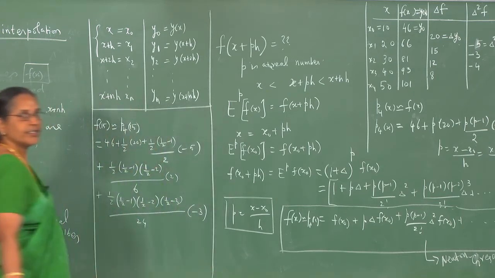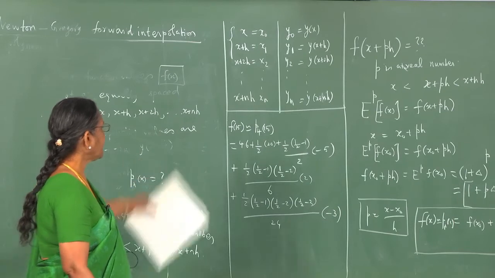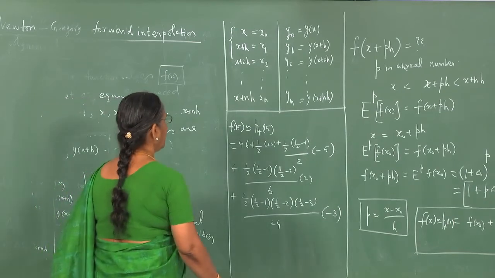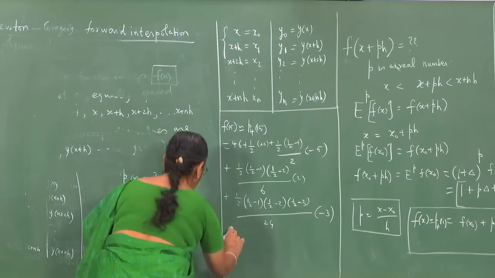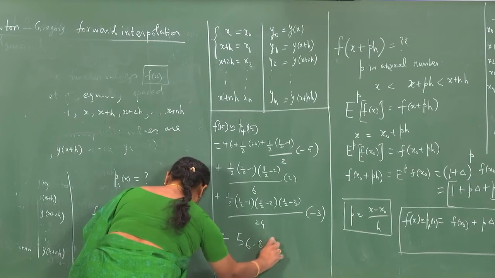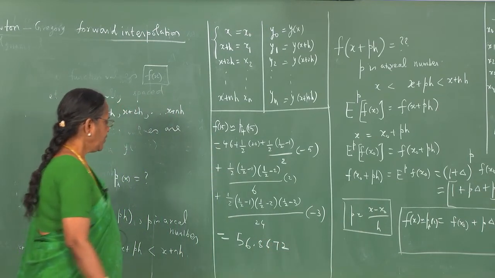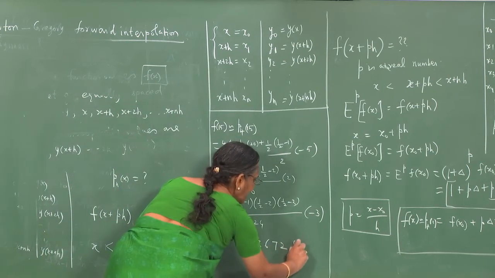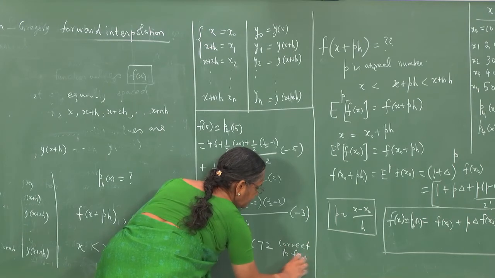So, you can use your calculator and determine the values of each of these terms and show that it is equal to 56.8672. So, you get the results here correct to 4 decimal places.